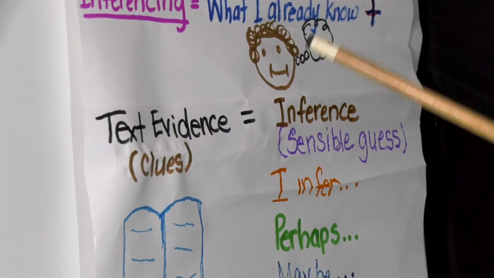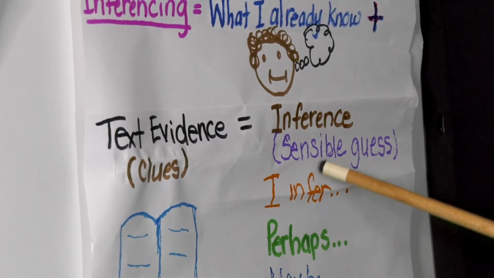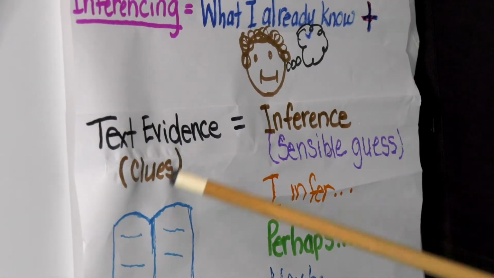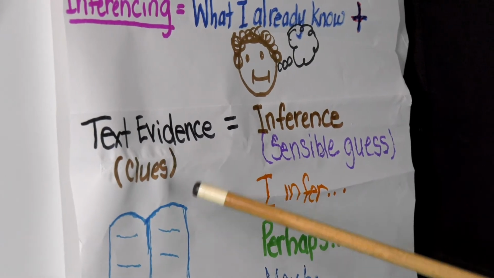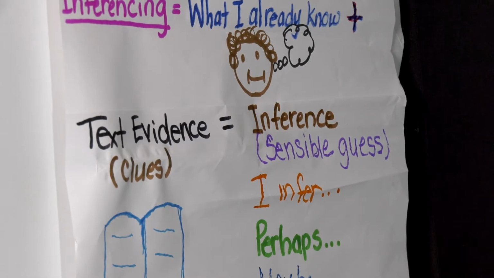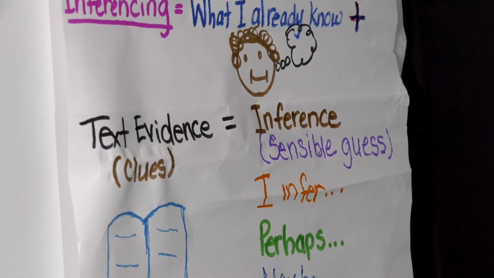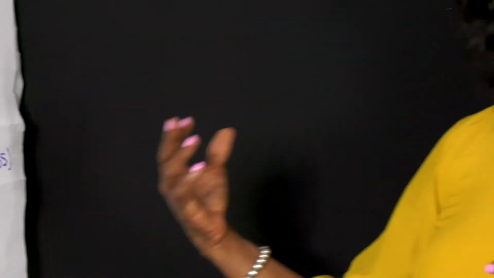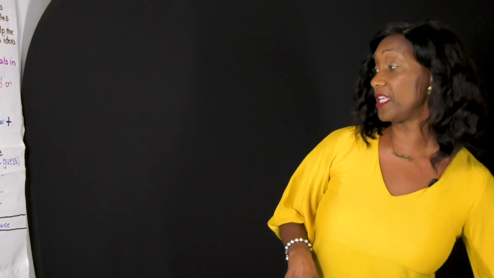That is going to equal my inference, which is a sensible guess based on what you know about the subject and the clues the text gives you about the subject. Bear in mind, when authors write stories, sometimes they give us clues. They don't always tell us exactly what they're talking about, but we have to guess. We have to guess from the clues the authors put into the text and based on what we already know about the subject.